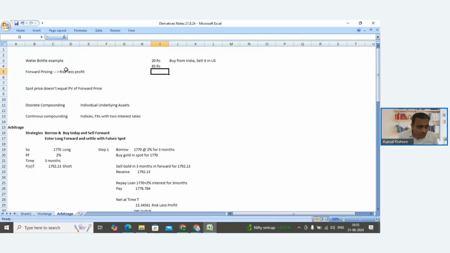So forward pricing, we will discuss more about pricing and valuation later, also follows this concept where you make riskless profit. Why are we entering the Epson example? What did you do in the Epson example? You purchased a forward contract. What was the currency there? Singapore dollar.